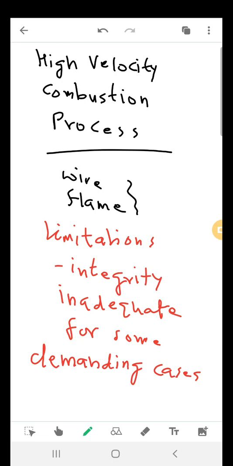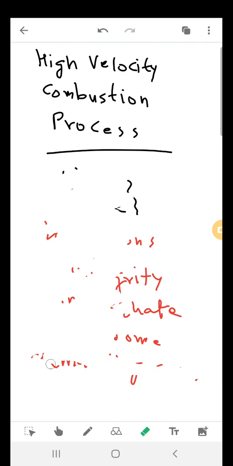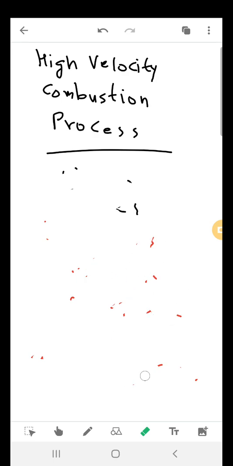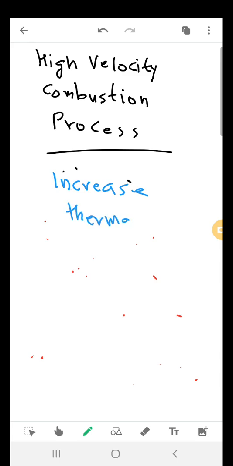So what do we need to do to solve this problem? We need to either increase the thermal energy or the heat provided, or increase the kinetic energy.